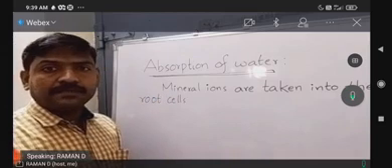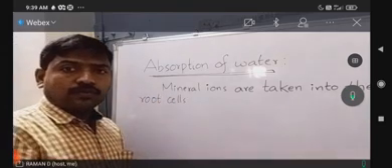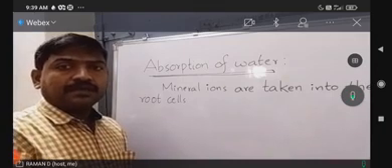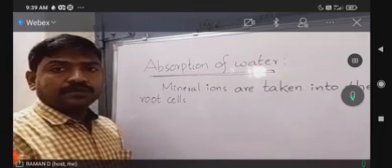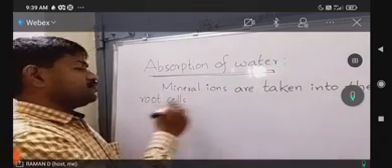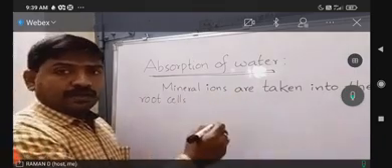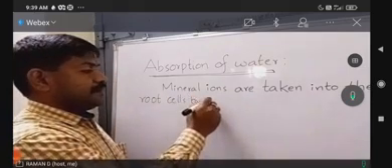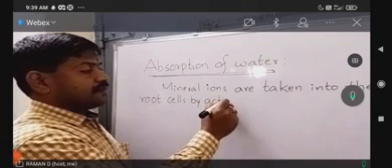If some substance is taken into or sent out by spending energy, that type of transport is known as active transport. So mineral ions are taken into the root cells by spending energy, by active transport method.